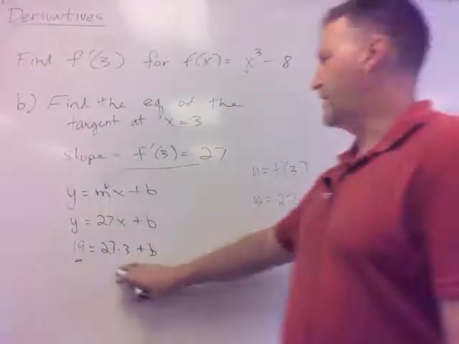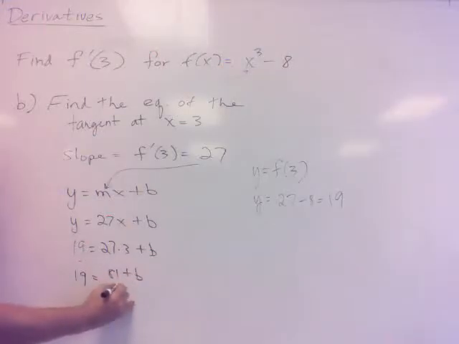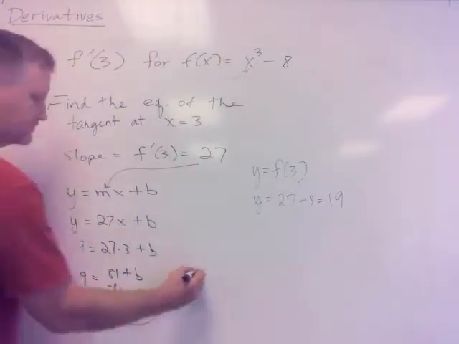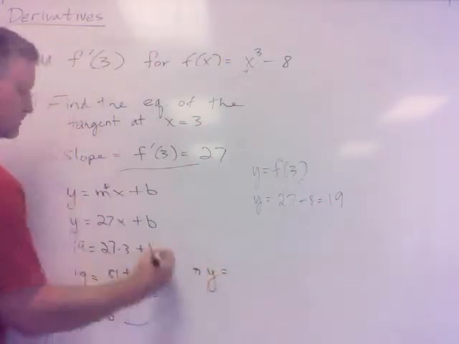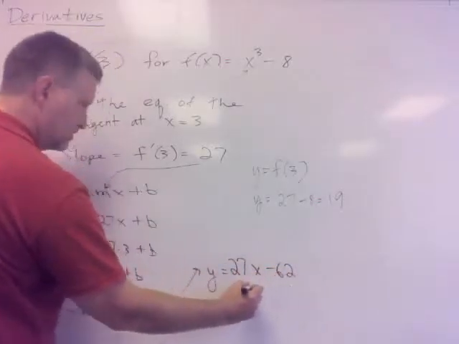So that's going to be 19 equals 27 times 3, which is 81, plus b. So it looks like b is going to be negative 62. So the equation of the tangent line is going to be y equals 27x minus 62. Did I do that right?